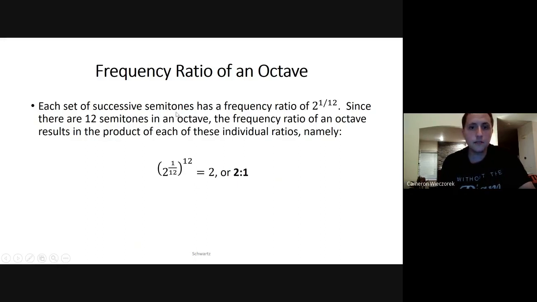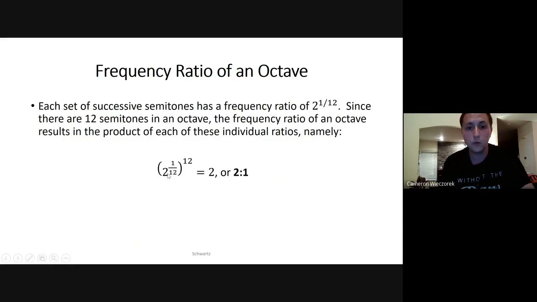Each set of successive semitones has a frequency ratio of 2 to the 1/12, as we mentioned on the previous slide. So let's bring back our 2 to 1 ratio for the octave and show that it still holds true in this system. Since you have 12 semitones in an octave, the frequency ratio of an octave would be the product of every single one of those semitone ratios.